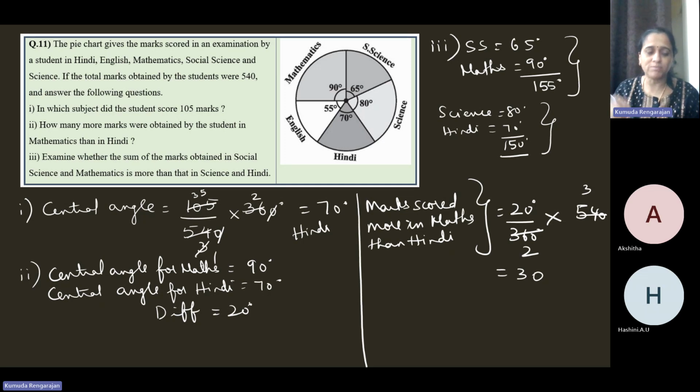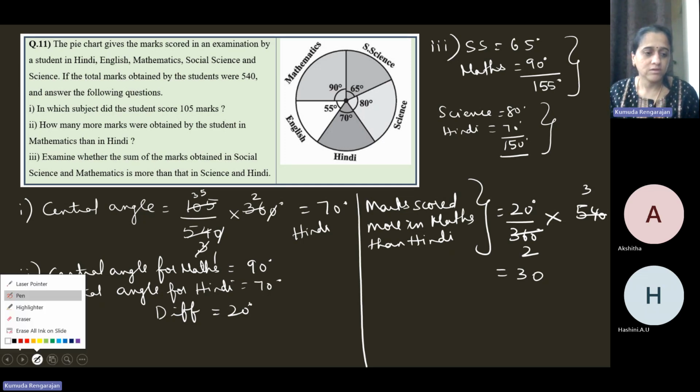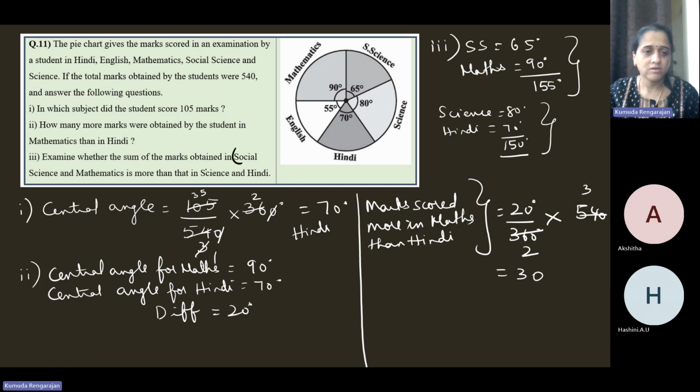So social studies plus maths, and science plus Hindi. We have done that here: 155, 150. So examine whether, yes, it is more. 155 is more than 150.